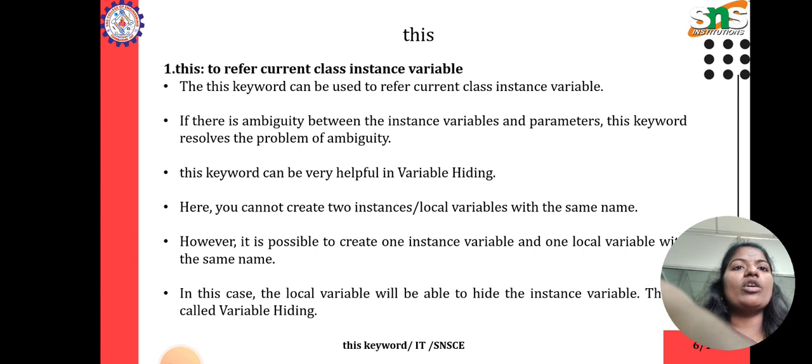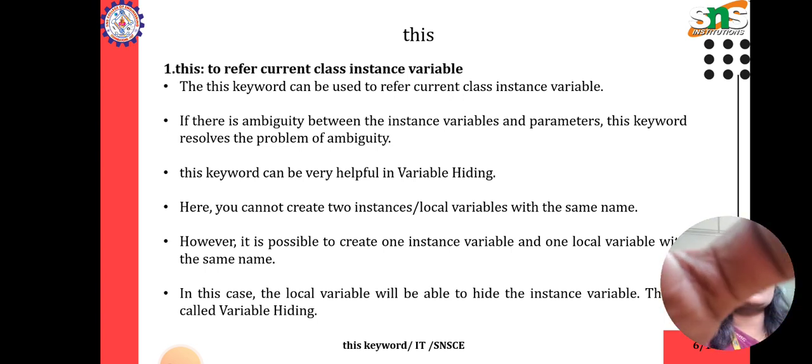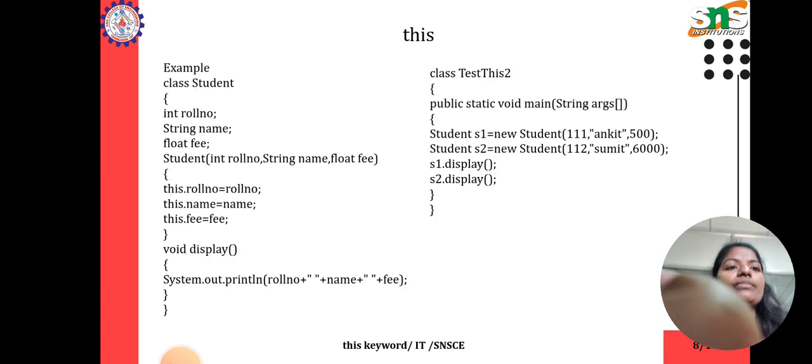Here you cannot create two instance or local variables with the same name. However, it is possible to create one instance variable and one local variable with the same name. In this case, the local variable will hide the instance variable.